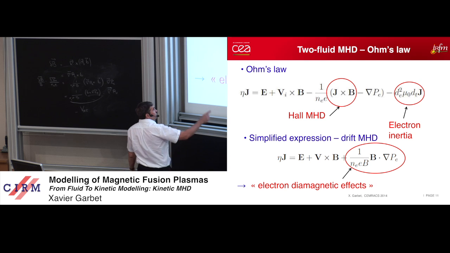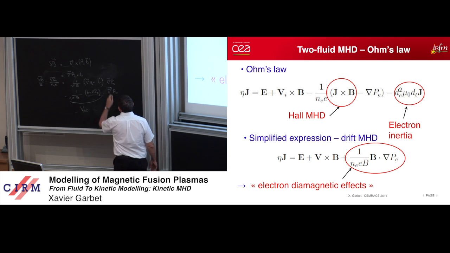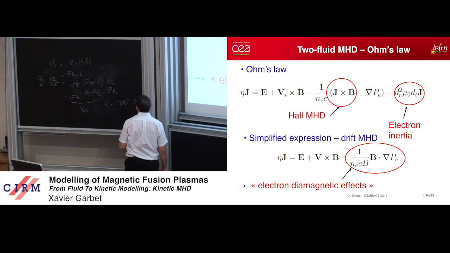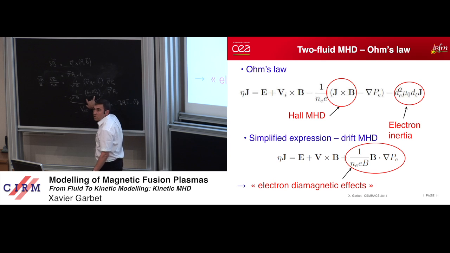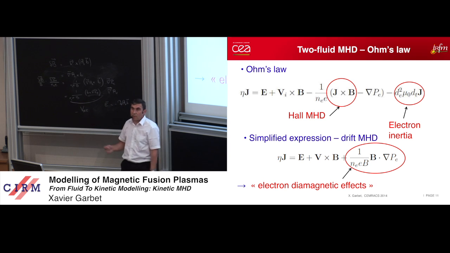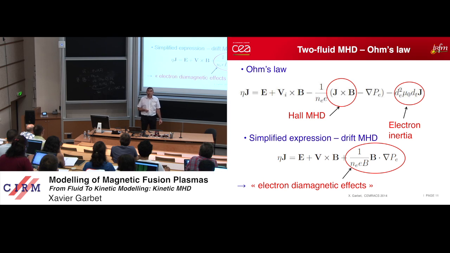And if you look now for E, the electric field starts with something like minus dA parallel over dt times b minus grad phi potential. So if you look at this, there is a time derivative of your vector potential, and then here you have an advection of your vector potential at a speed which is the electron diamagnetic velocity.